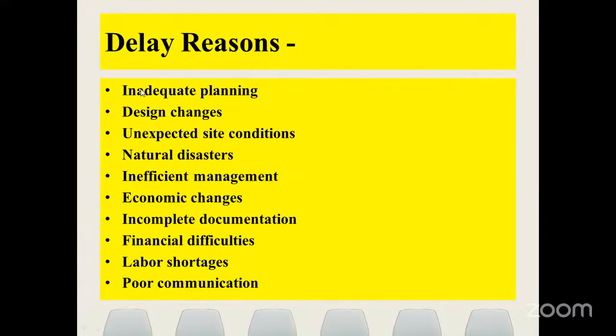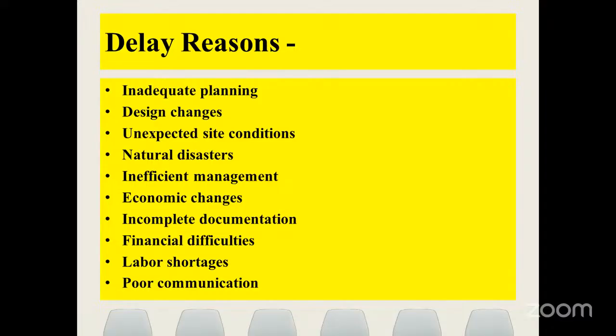The first one we usually face is inadequate planning. Why is planning important? Because we have to finalize our critical activities, critical path, workflow. Then we have to plan procurement, design schedule, and approvals. Once it is properly planned, there should not be a chance of having delays.